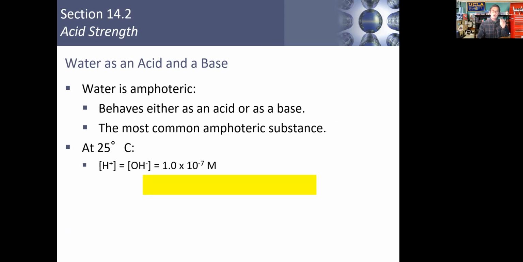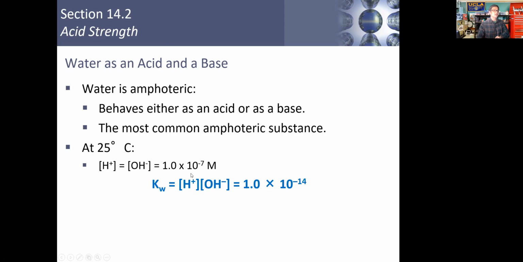There are other amphoteric compounds as well. For example, the hydrogen sulfate ion is an amphoteric compound, and we talked about this. But water is the most common amphoteric compound that we come across. So with that said, at 25 degrees Celsius, we know this has to be true.